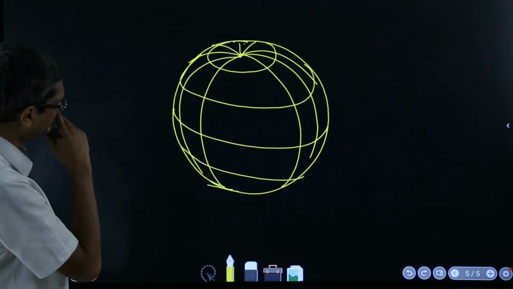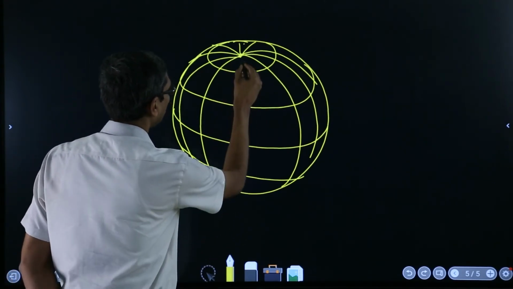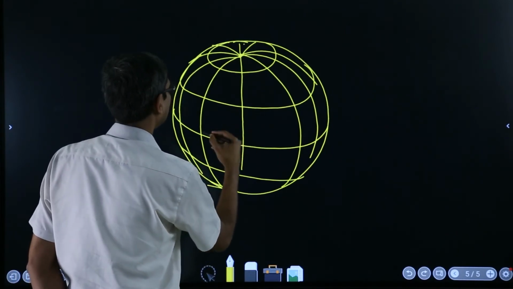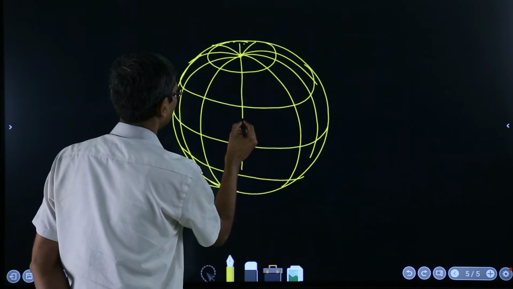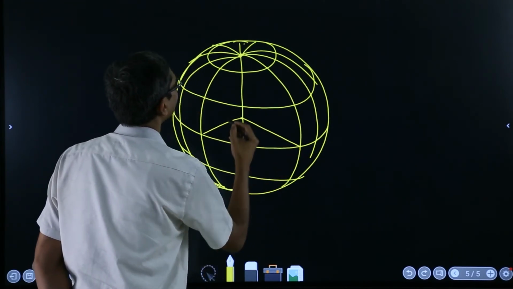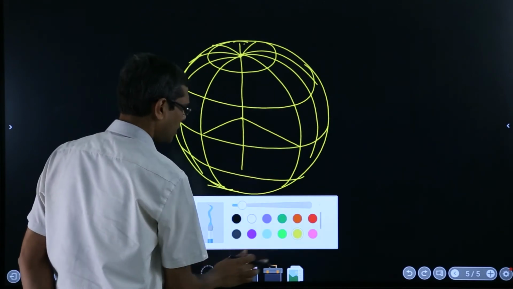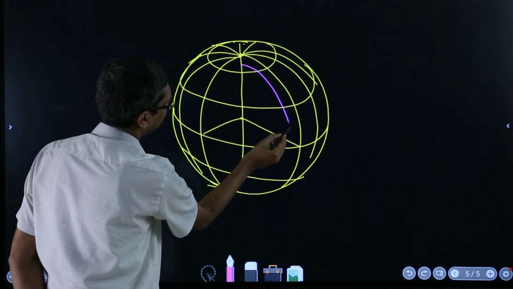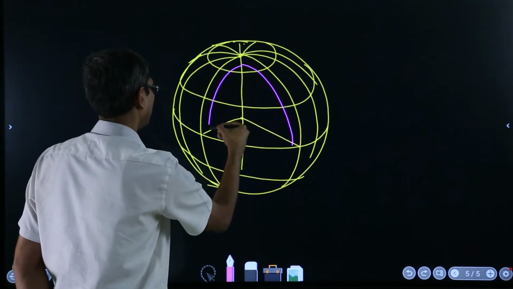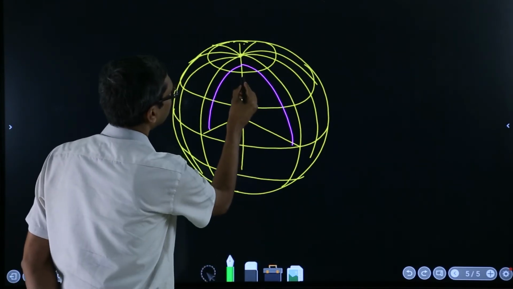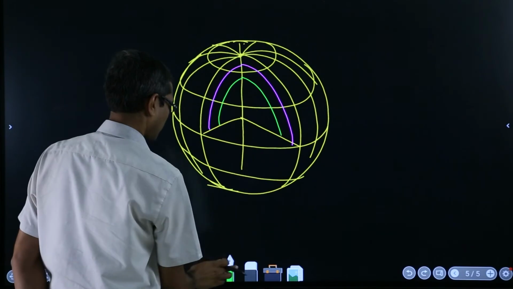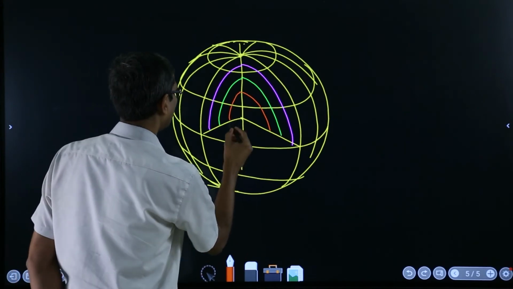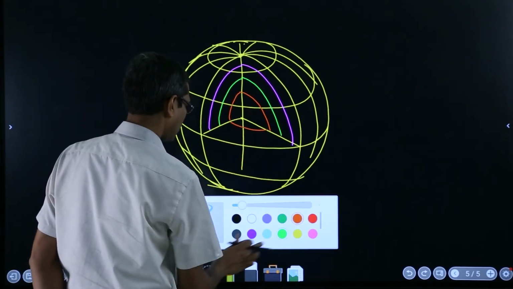Something like this, and then suppose I cut it from here, let's say from the center, then at different radius, let me draw another sphere which is at this radius, another at this radius, another at this radius, so like that.